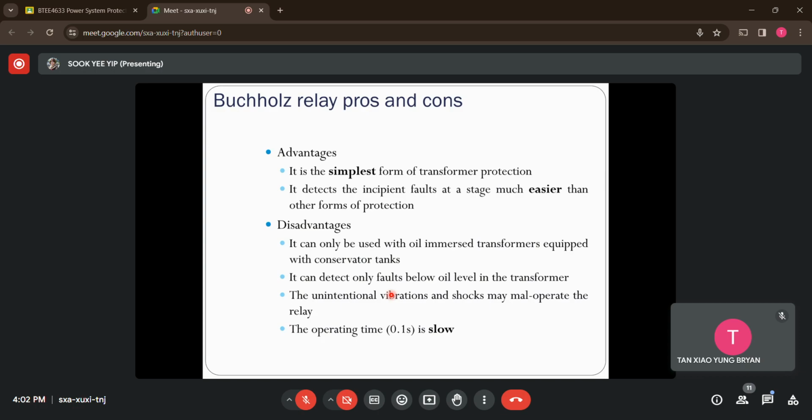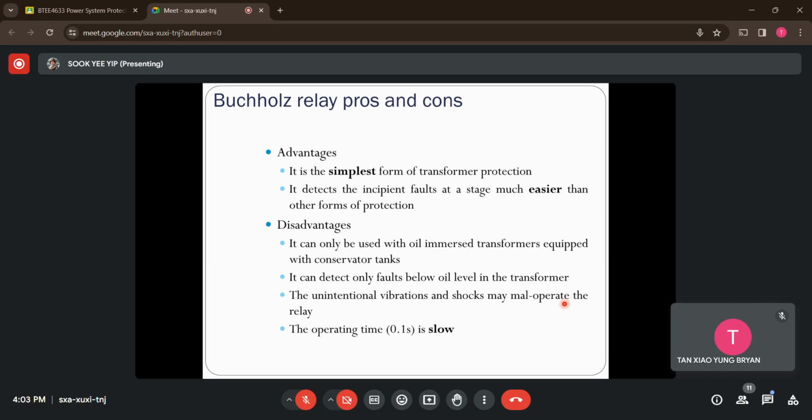Remember, it operates based on the oil level. There might be something unable to be detected based on the different levels of the oil. And any unintentional vibration or shock might cause maloperation of the relay. If you have vibration, it will be unable to detect the fault accurately.